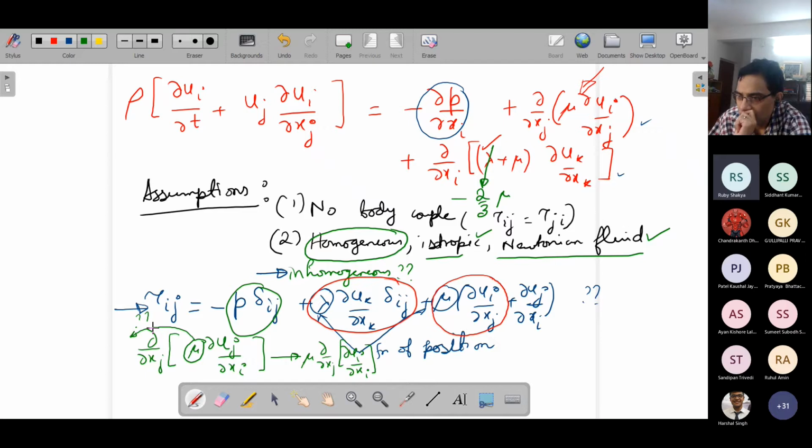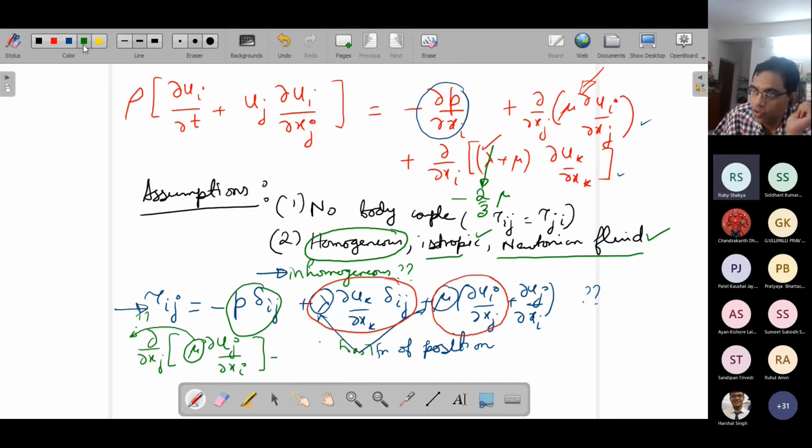So in that way, at best what we can write, if it is inhomogeneous, then clearly this expression will not work. So if this doesn't work, what will work? Let us see.